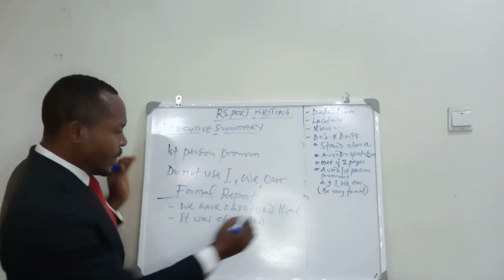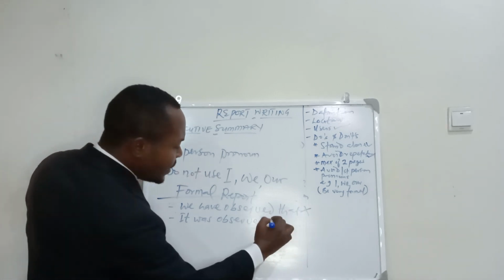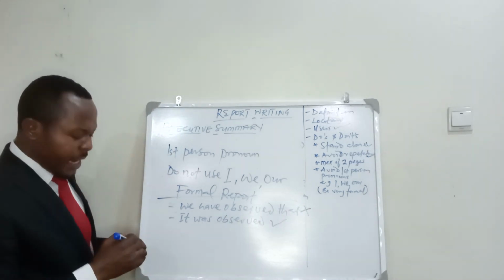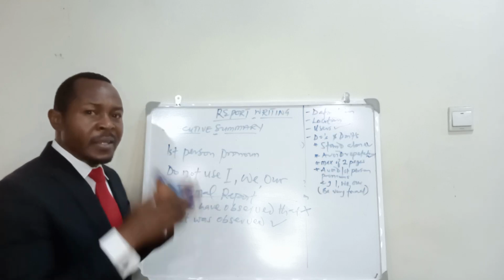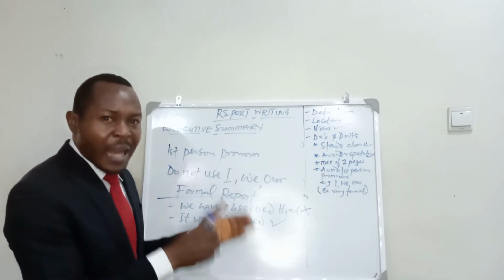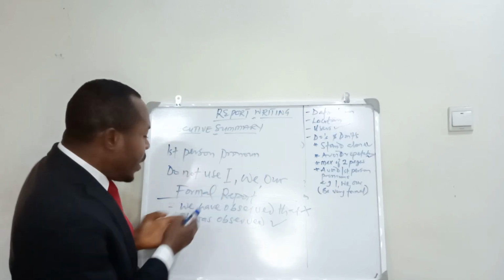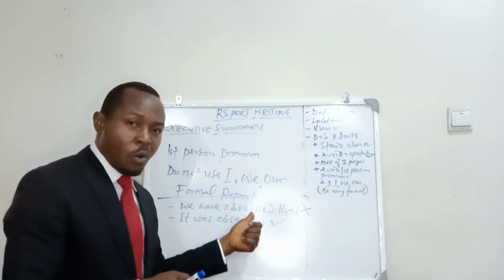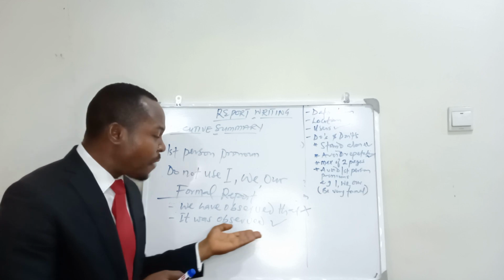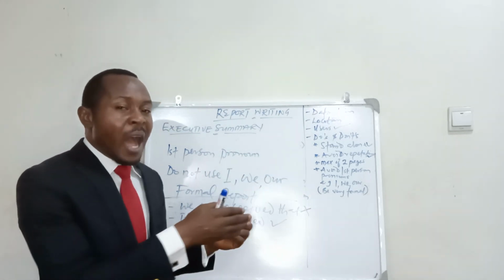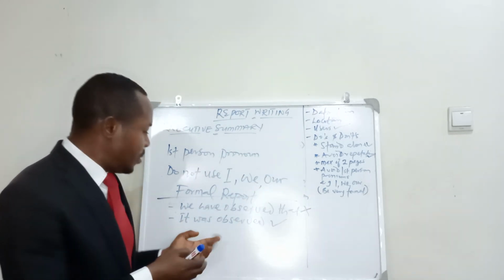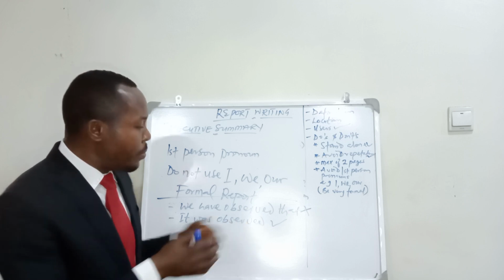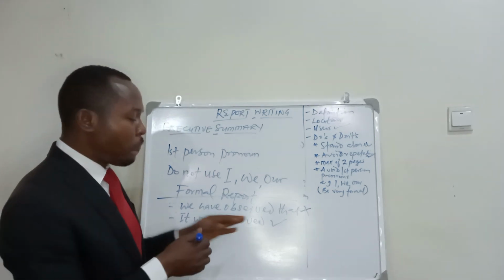This is wrong. Why is this correct? It was observed that taxation had been underpaid. We have observed that taxation was underpaid. That is wrong. But it was observed that taxation was underpaid. That is correct. That is what we mean by make sure your report is formal.